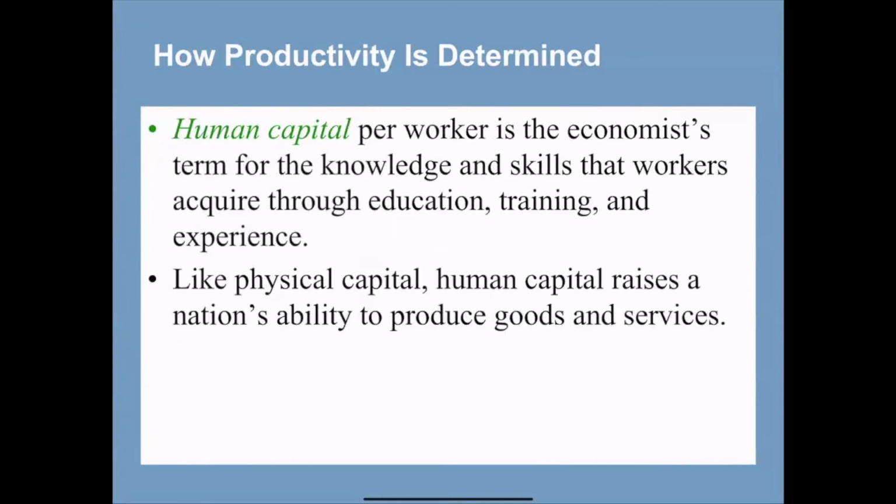For human capital, this is the knowledge and skill that workers acquire through education, training, and experience. So not only formal education, but the training at the firm also plays an important role. After you graduate, you join the factory, you need to learn the routines. It is called operation or organization routines.